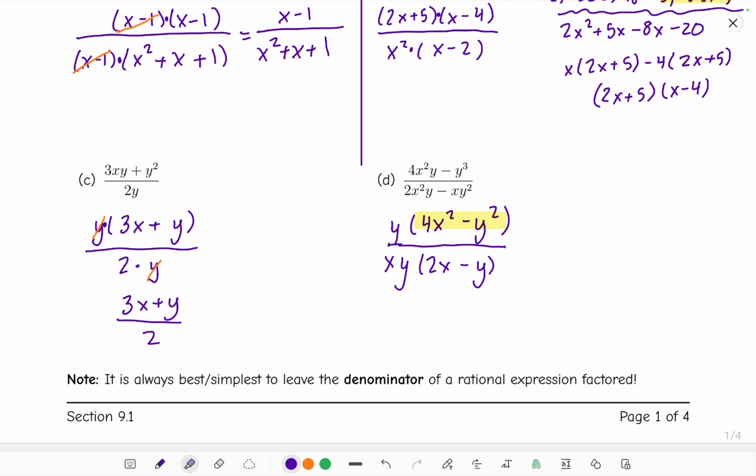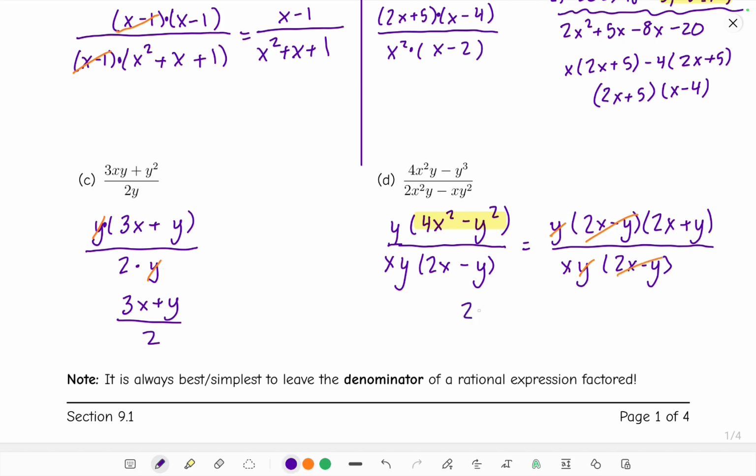So by difference of squares, we get y times 2x minus y times 2x plus y over xy times 2x minus y. Now I can see the y's cancel out and the 2x minus y's cancel out, leaving us with 2x plus y over x.